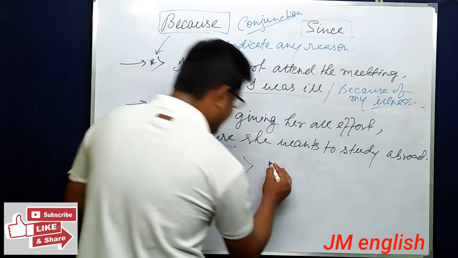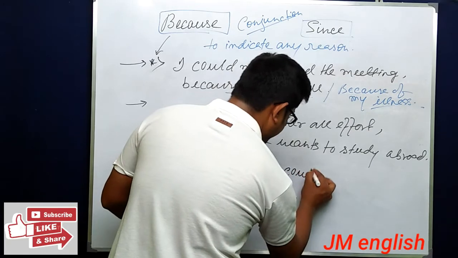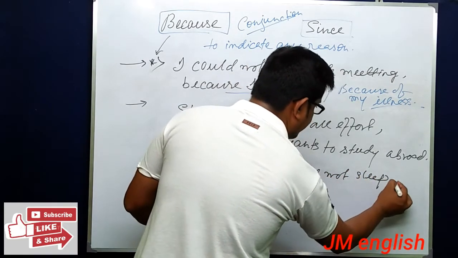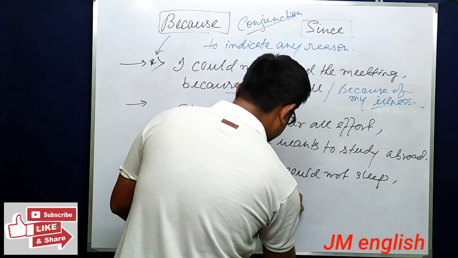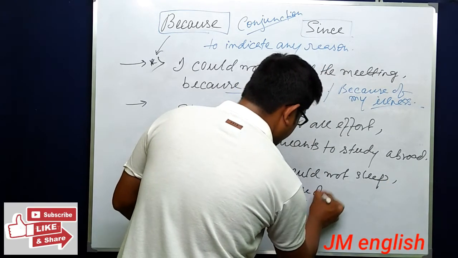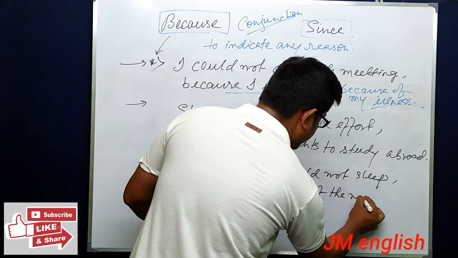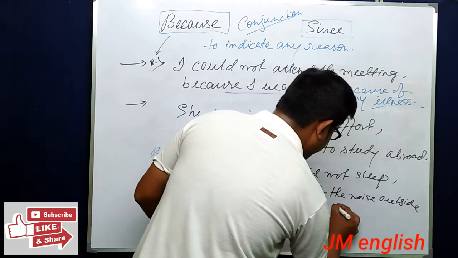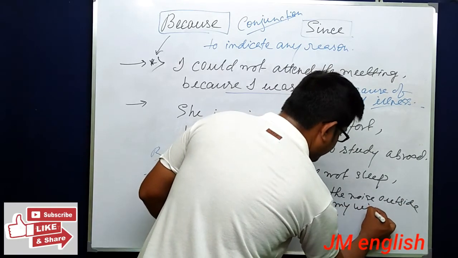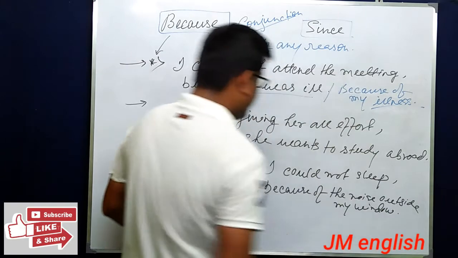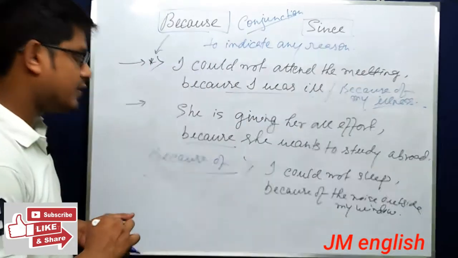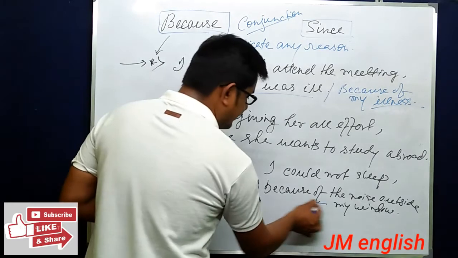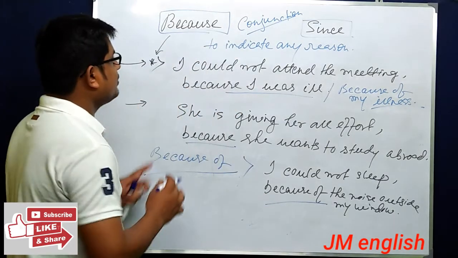Suppose you write, I could not sleep because of the noise outside my window. So over here I have used because of. So this is how you can use because.